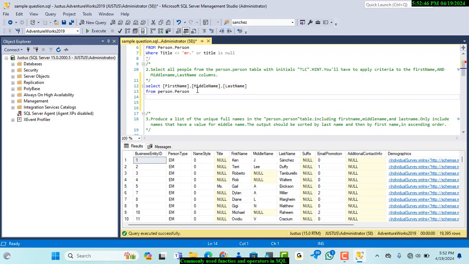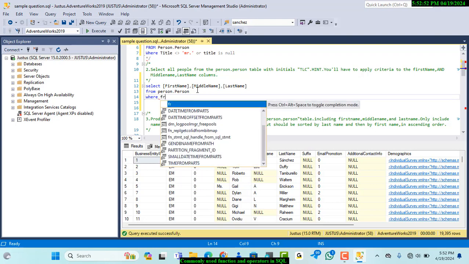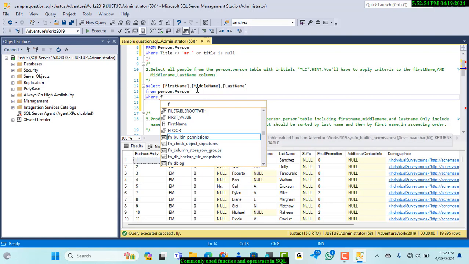Having done that, the WHERE clause comes in, where first name. So I need to filter out all those records, those names that have letter T, and the records whose middle names have letter L and C for the last name.